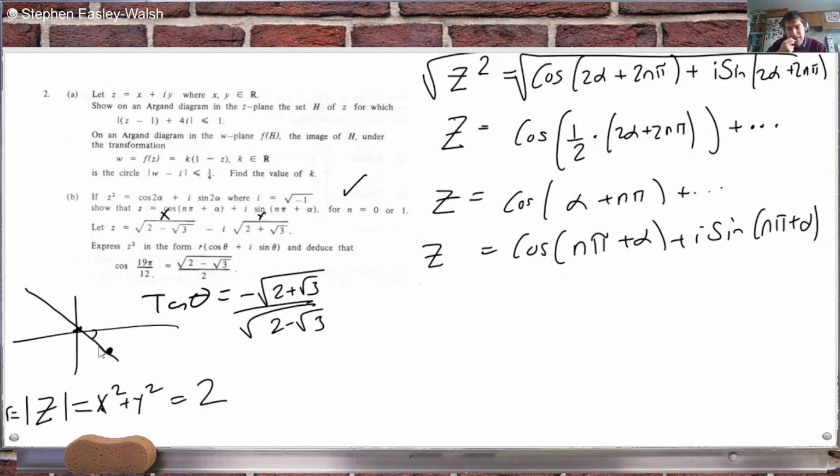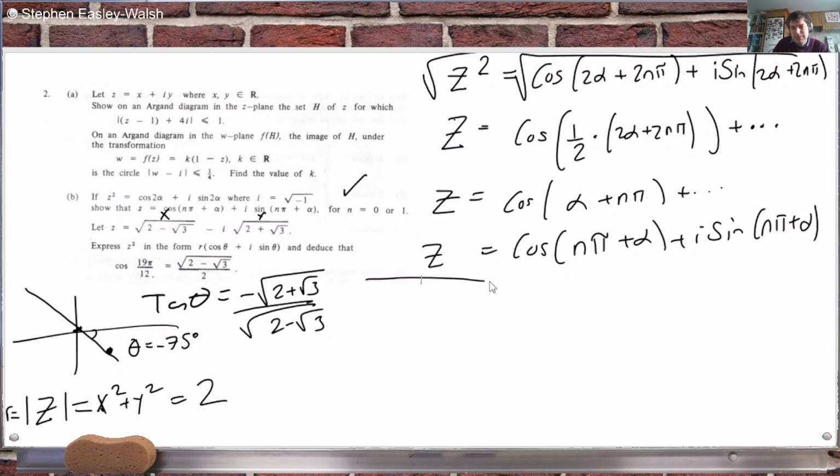I was expecting an answer of more than 90. Oh, I forgot to type in the minus on my calculator. Okay, so theta is minus 75 degrees.